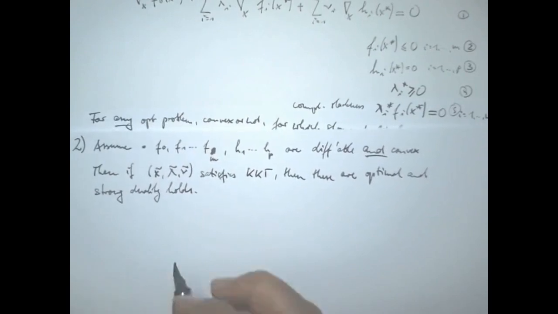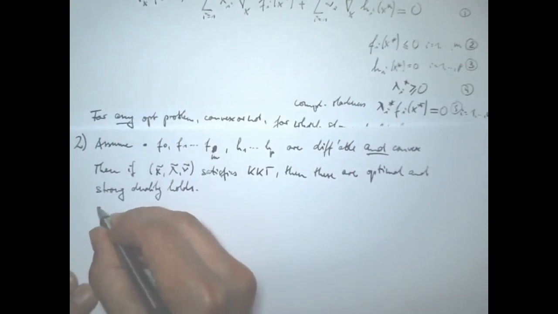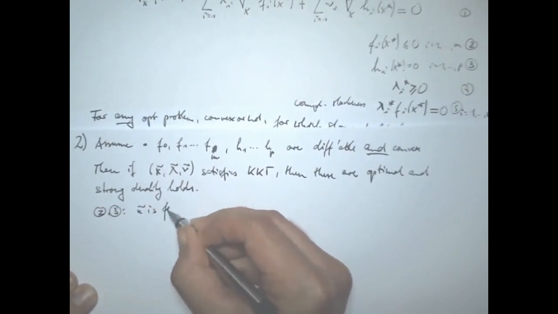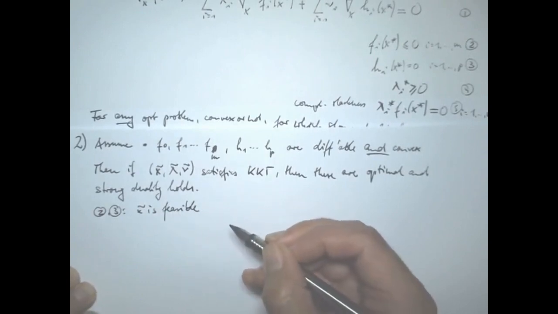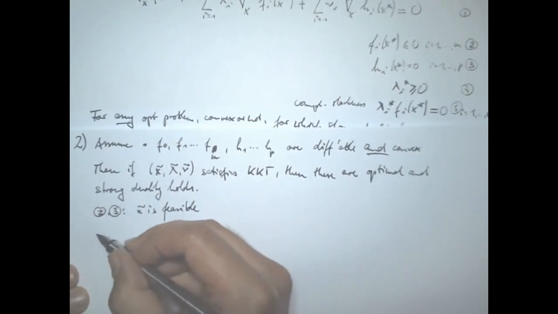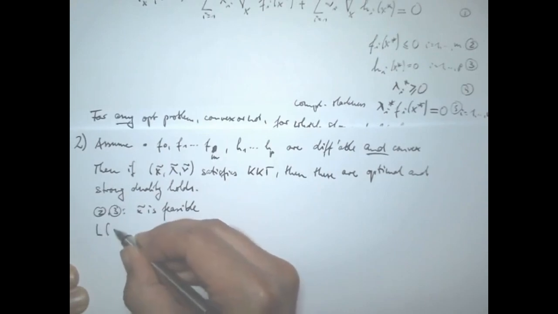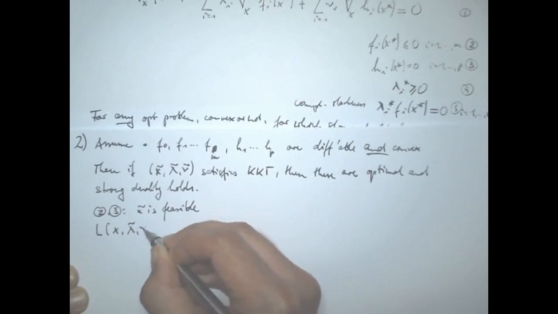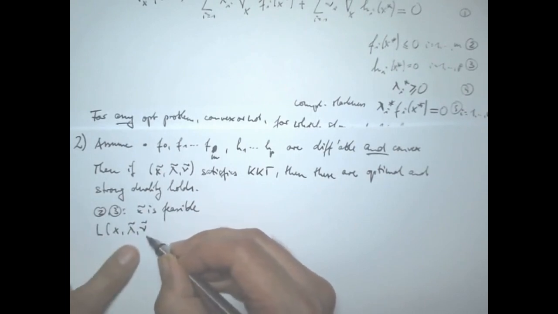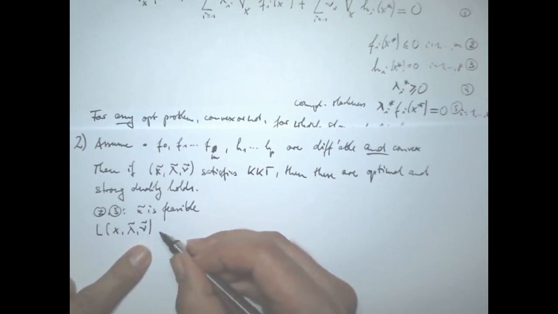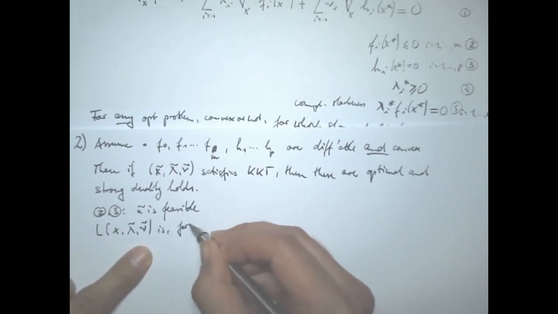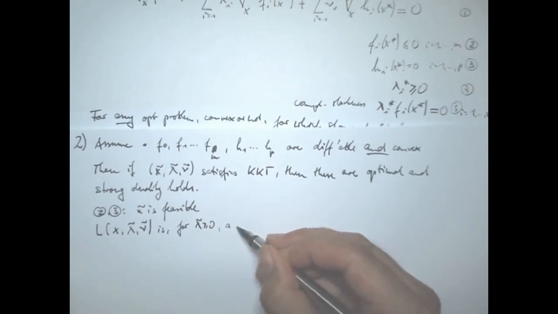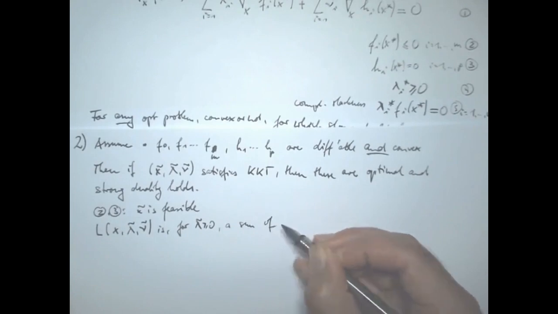So first, 2 and 3 tell us that x tilde is feasible in the primal domain. Being feasible, I know that the Lagrangian evaluated at any x, but at the optimum values here, is going to be a sum of convex functions.